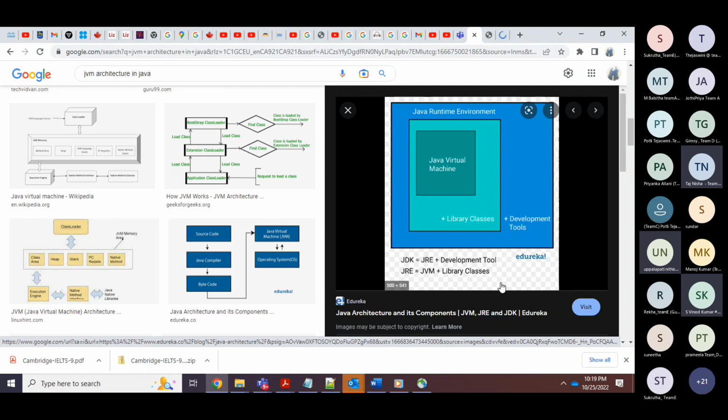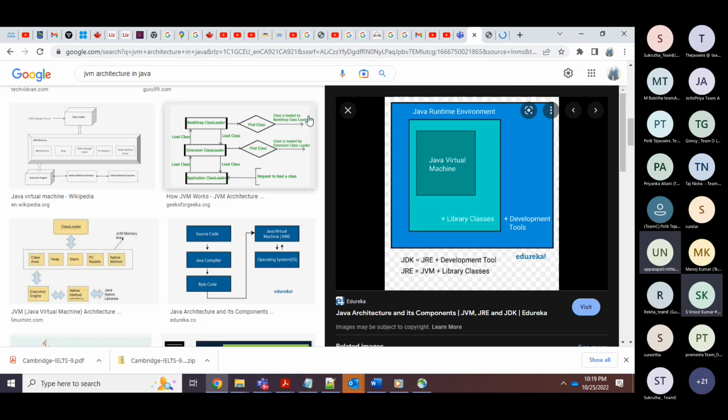You can take JavaScript, C Sharp, Python, whatever it is. From today onwards, you are going to deep dive into Java, so that you will have a very good idea of what you are going to learn and how it is going to be useful when we are learning the Java language.